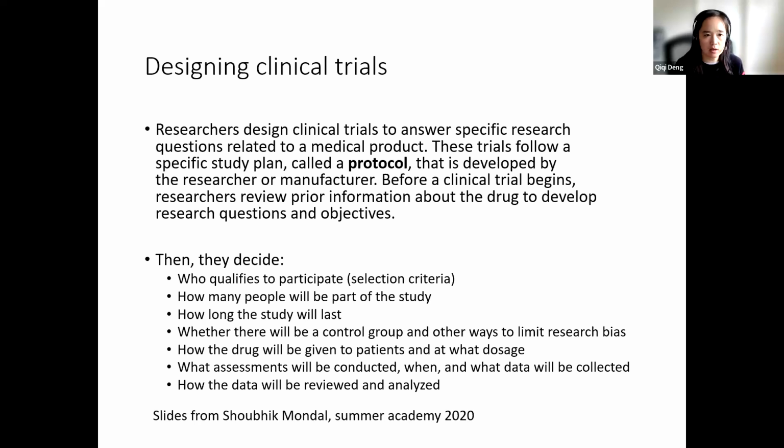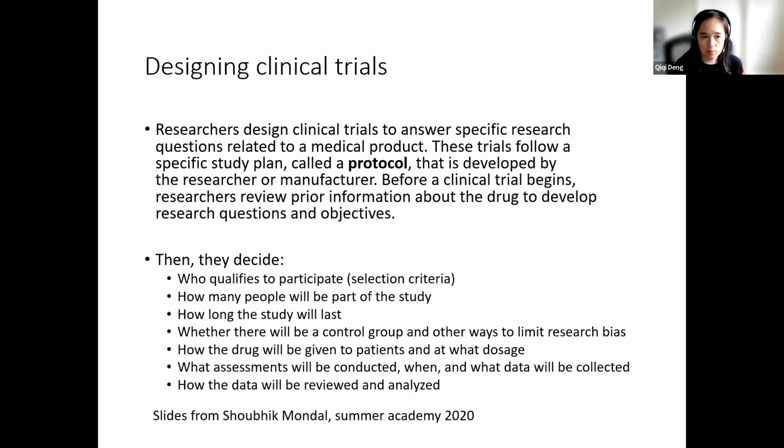It provides you a lot of information, like who is qualified to participate, which is the inclusion and exclusion criteria, how many people will be part of the study, how long the study will last, and whether there will be a control group like a placebo or active drug, and whether there are other ways to limit research bias.